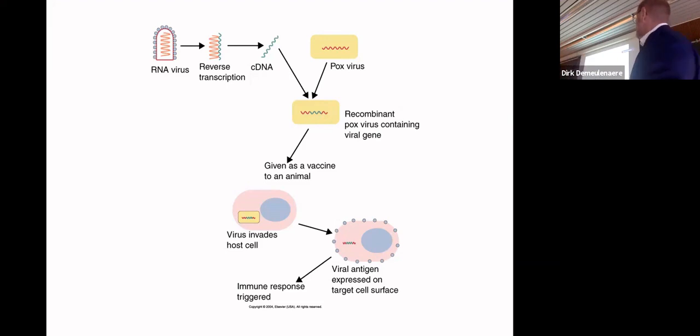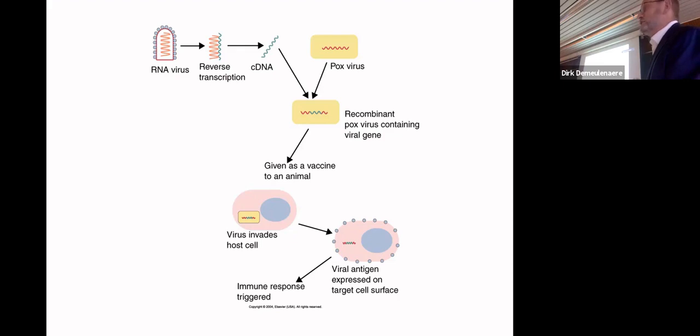Then this idea was used by Jean-Pierre Lecocq, who took the genome of the rabies virus, made a cDNA, because it's an RNA virus, using reverse transcriptase, and then cloned the open reading frame coding for the glycoprotein G of rabies into the genome of a vaccinia virus strain.